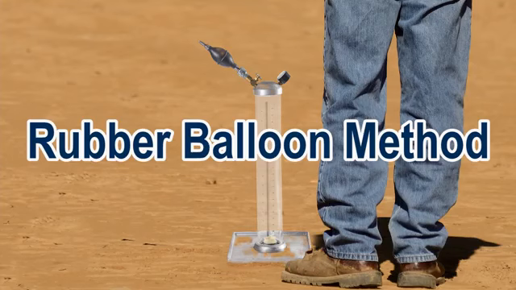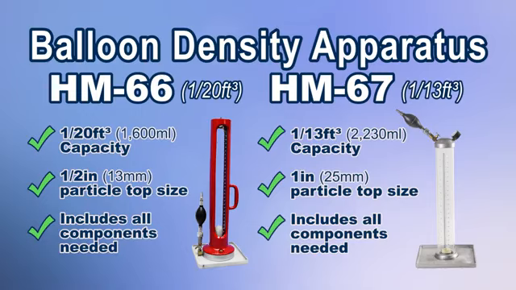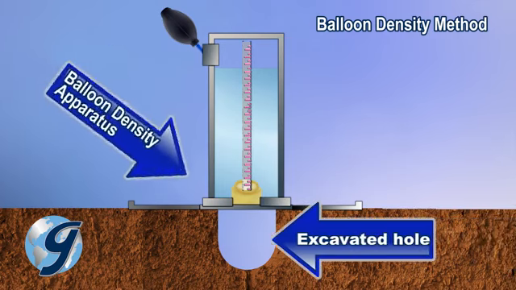With the rubber balloon test method, an on-site hole is excavated with the soil carefully collected and set aside. A balloon density apparatus, like the Gilson HM66 or HM67 balloon density apparatus, is positioned over the hole.